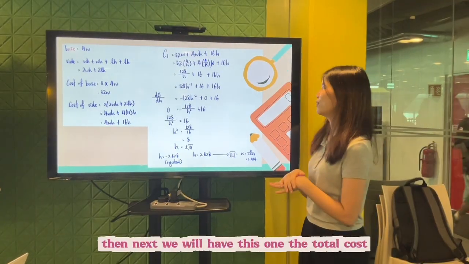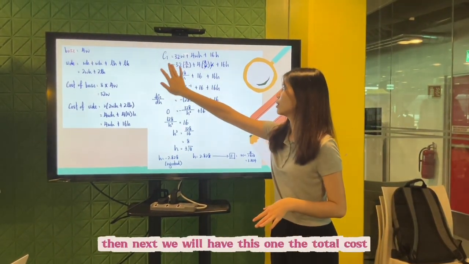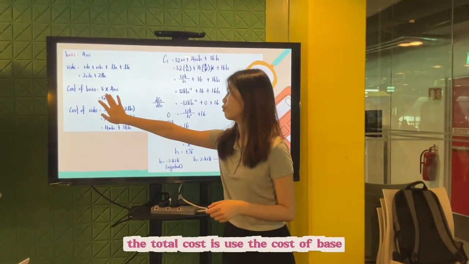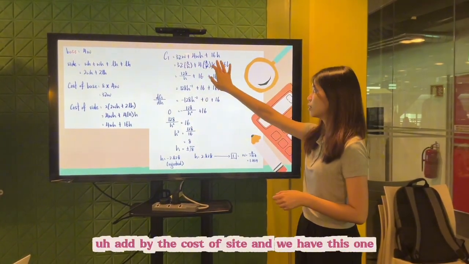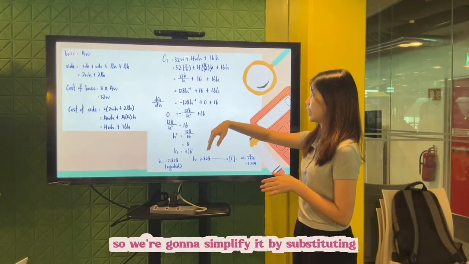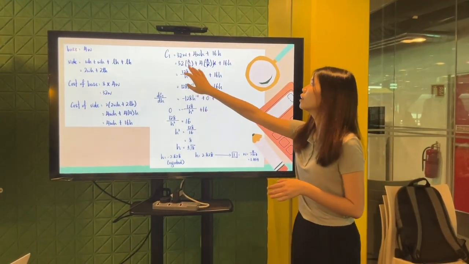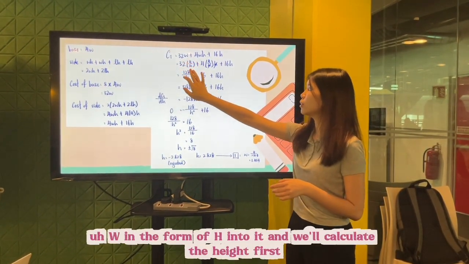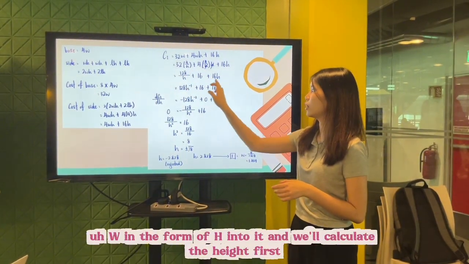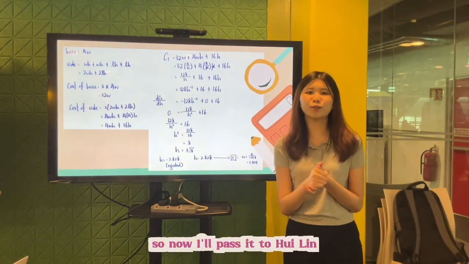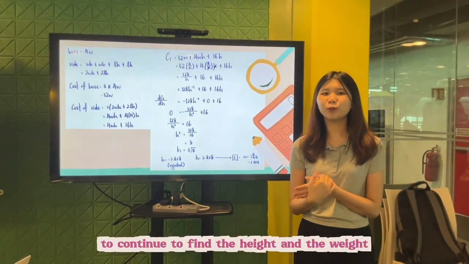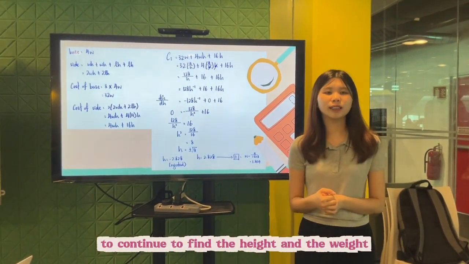Then next, we have the total cost. The total cost is the cost of base added to the cost of side. So we're going to simplify it by substituting W in the form of H into it, and we'll calculate the height first. Now I'll pass it to Hui Lin to continue to find the height and the width.